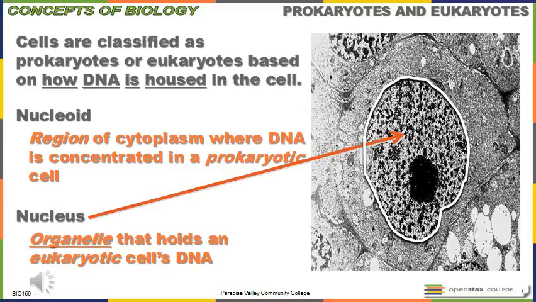Well, the D in that, the Dear King Philip part, indicates domain. And so in this textbook, we're talking about two separate domains, prokaryotes and eukaryotes. And if you remember, the prokaryotes can be further divided into bacteria and archaea classifications.